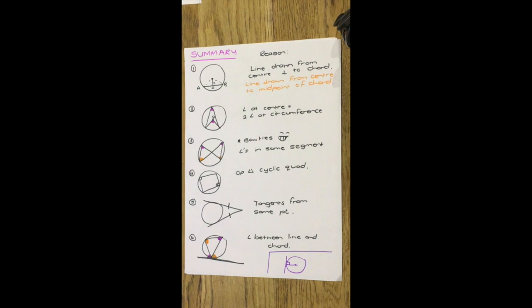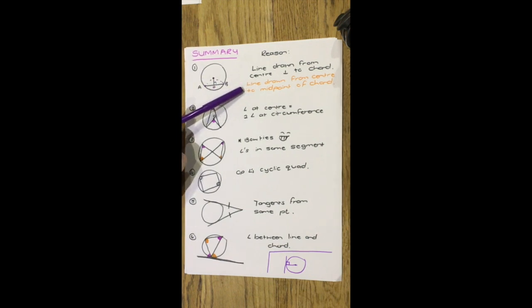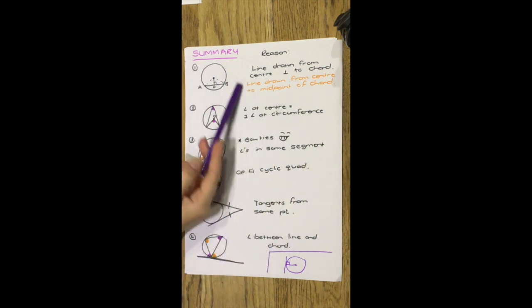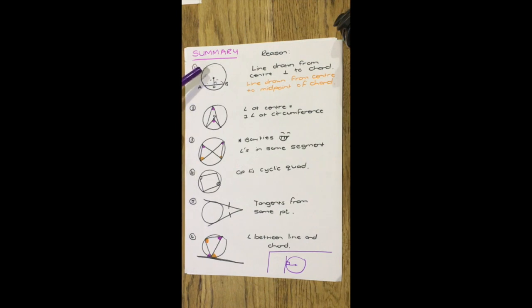So the first one, I don't know if you recall, is line drawn from center perpendicular to chord. Essentially, remember, if you start at the center and you draw a perpendicular line to a chord, it bisects the chord. And this orange one is the inverse of the theorem. If you draw a line from the center to the midpoint, then you know it's perpendicular.